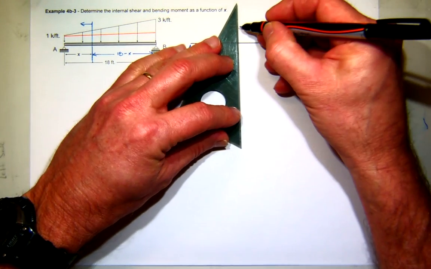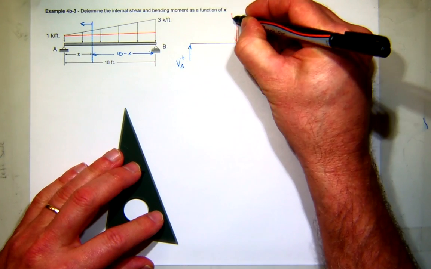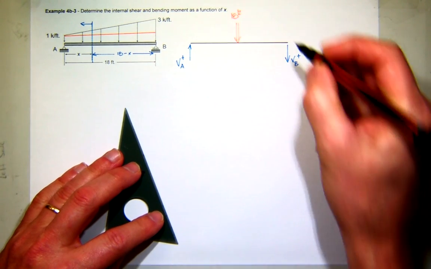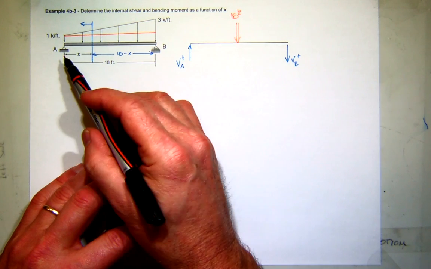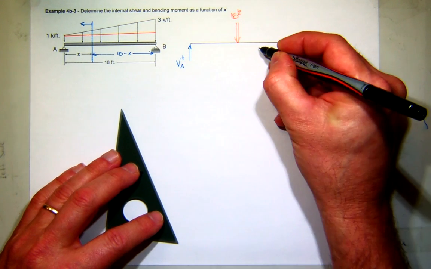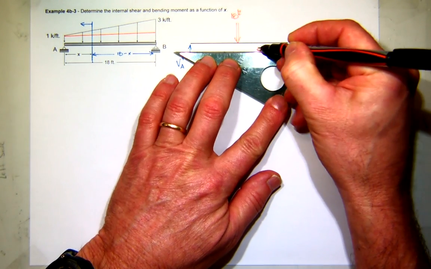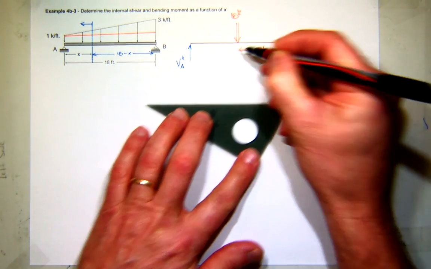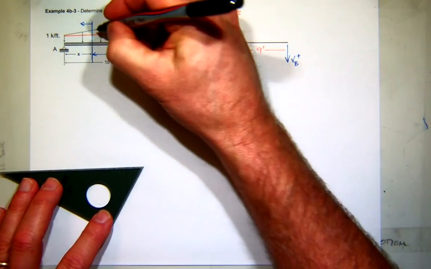So I'll have a load of 18 acting through the centroid of the rectangle, which is right in the middle. Since I'm going to try to find A, I'm going to make all my distances from B. So that'll be 9 feet from B to the centroid.